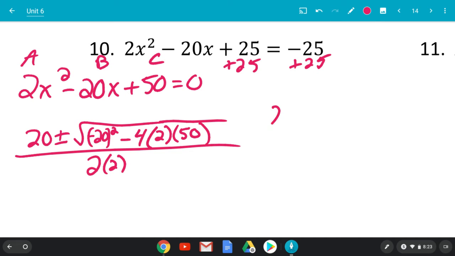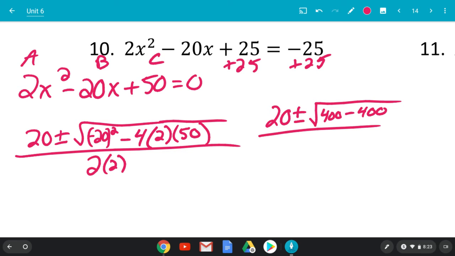Simplify. 20 plus or minus the square root. Negative 20 squared would be 400. 400 minus 4 times 2 is 8. 8 times 50 would be 400, all over 4.